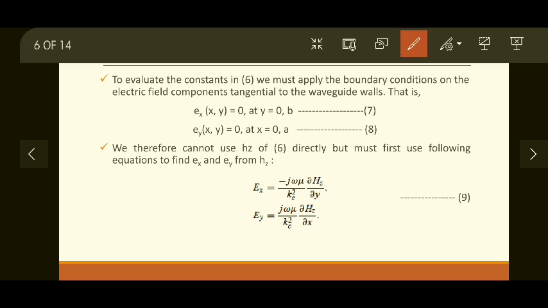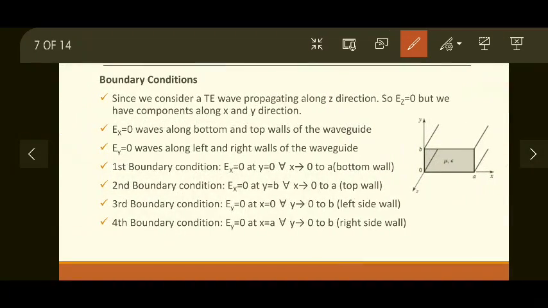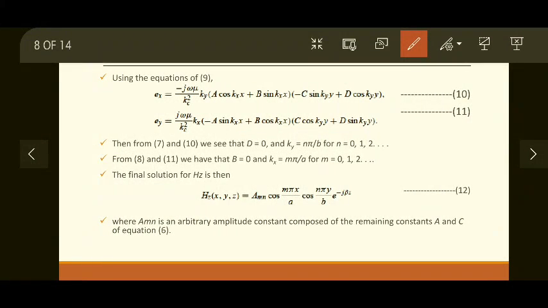Now dou Hz upon dou y gives the Ex component, with respect to the y axis, and the Ey component is with respect to the x axis. So let's see. Using this equation, that is our general solution for Hz, and the Maxwell equation, we can find out the actual value of Ex and Ey, which turns out to be a combination of these two, that is this one.